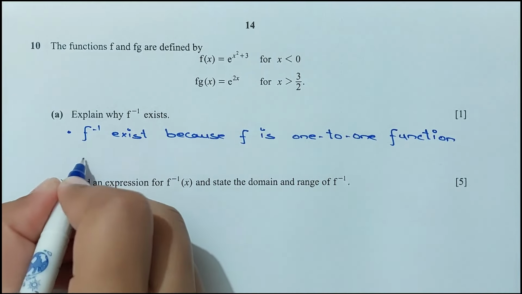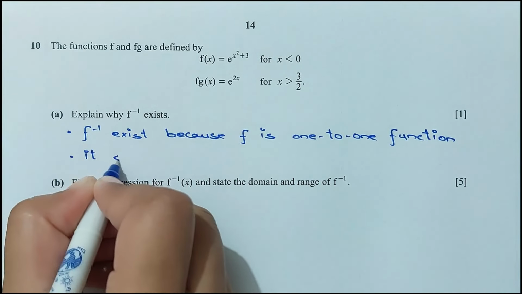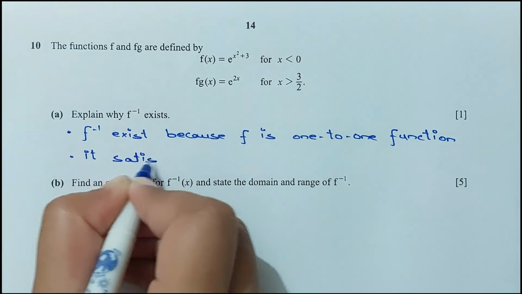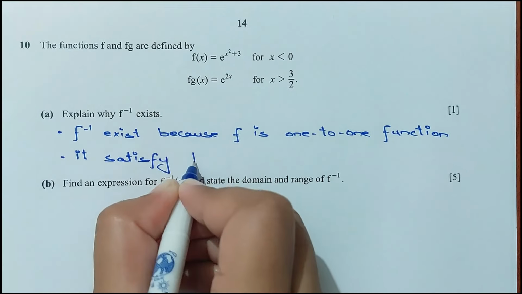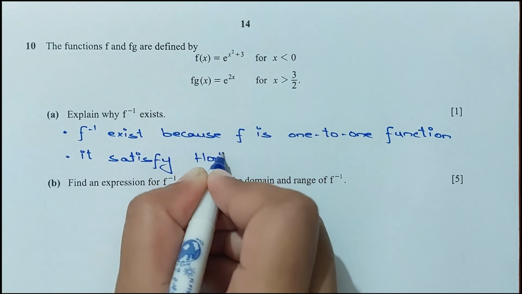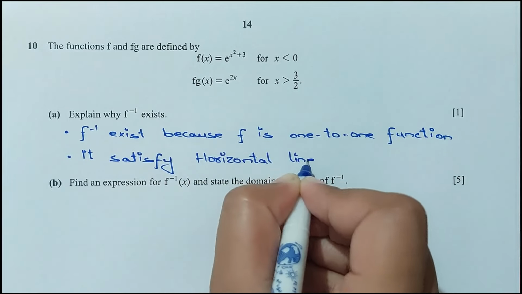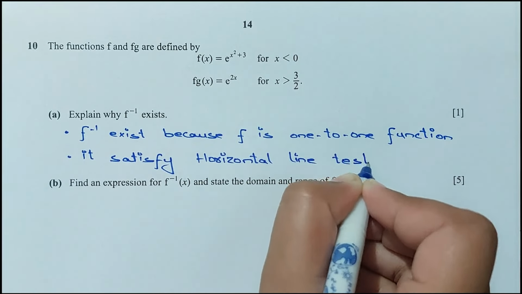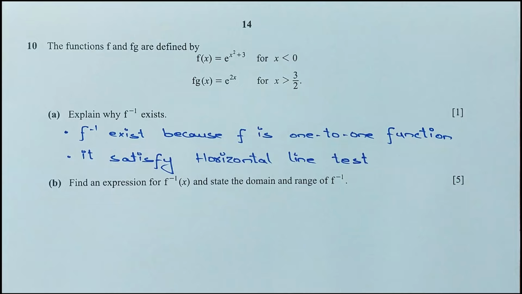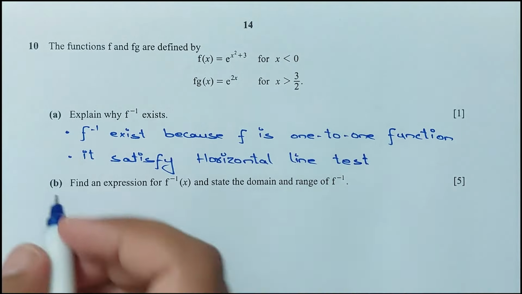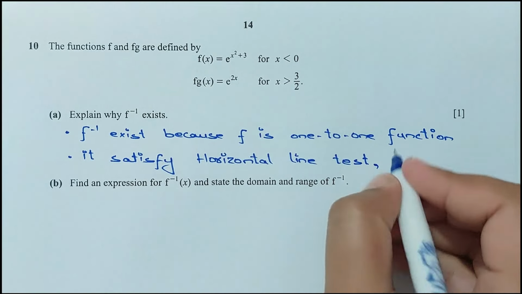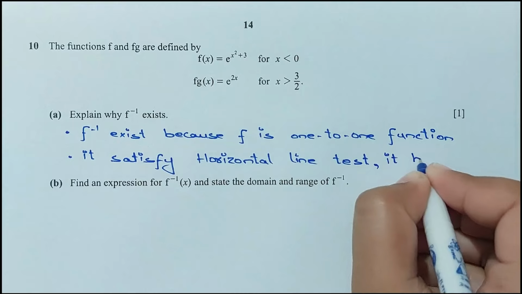One-to-one function means it satisfies the horizontal line test. Right, because as you can see, this is an exponential function, so it must satisfy the horizontal line test. And the third condition we have is that it has a restricted domain.